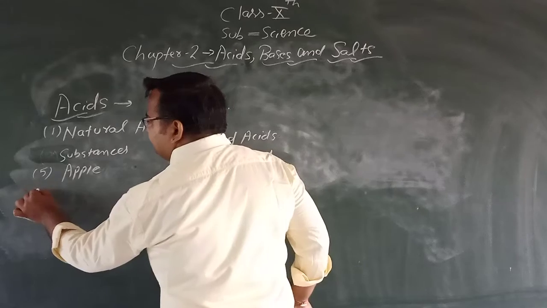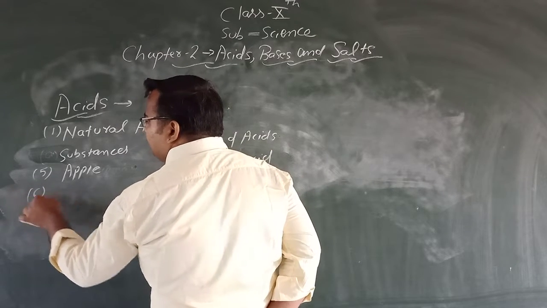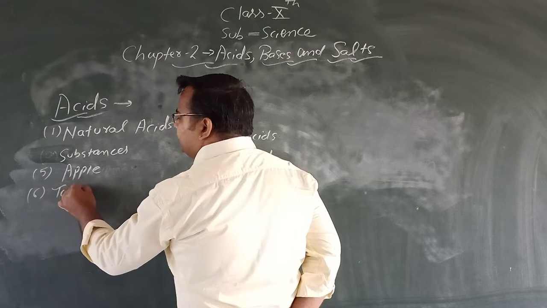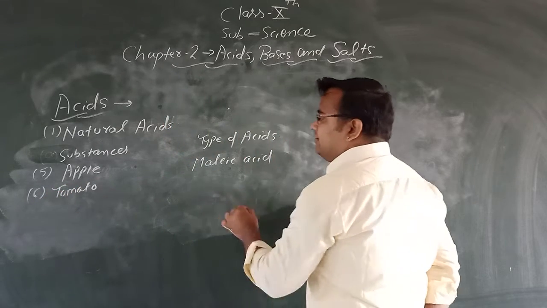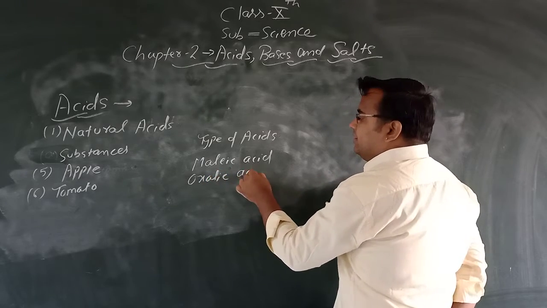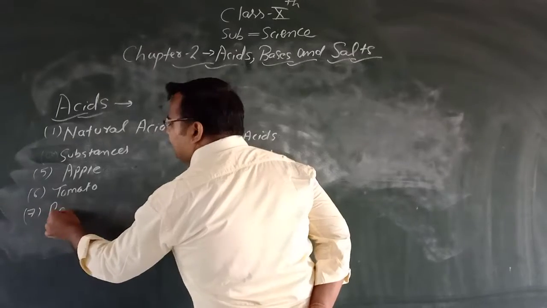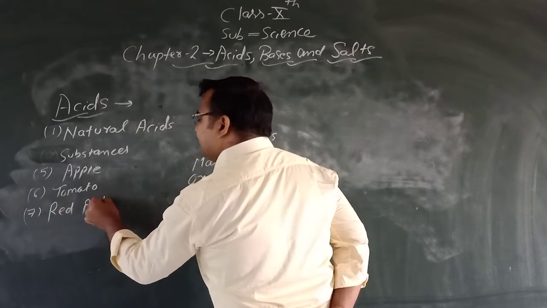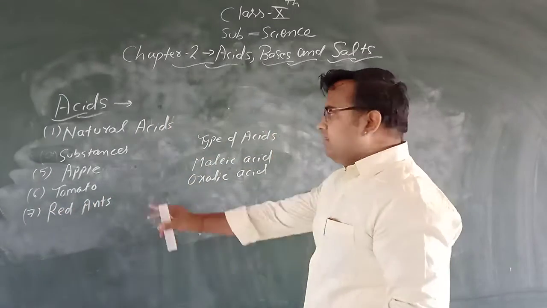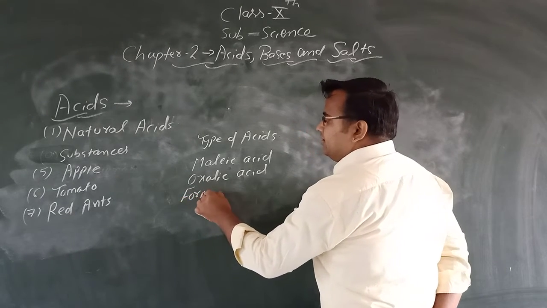Next, in tomato the acid present is oxalic acid. And seventh, in red ants the acid present is known as formic acid.